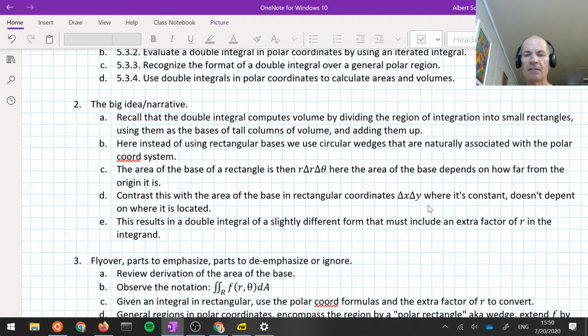The last thing is we want to be able to do applications with this new integral and recognize when it's a good idea to go from polar coordinates to rectangular or vice versa.